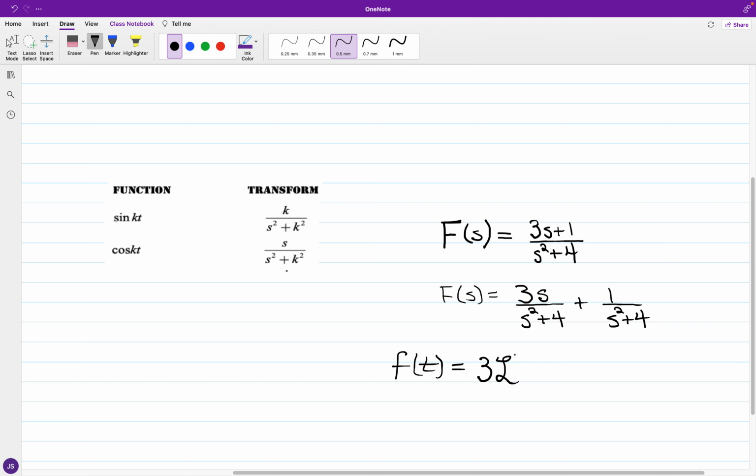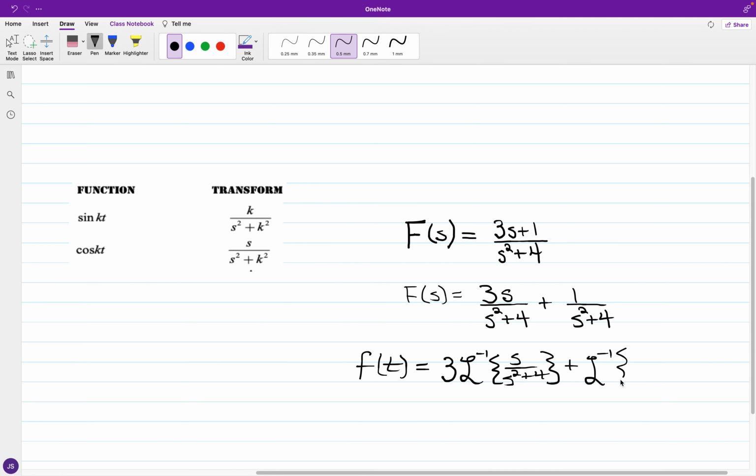So we can say we have 3 times the inverse Laplace transform of s all over s squared plus 4. Then we can say we have plus the inverse Laplace transform of 1 over s squared plus 4.